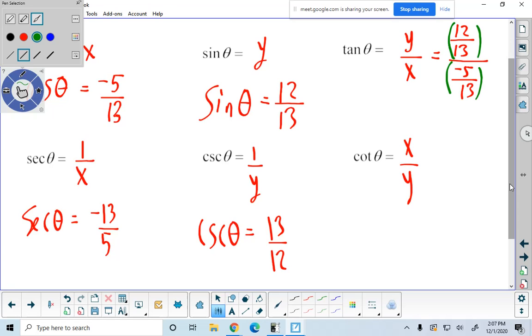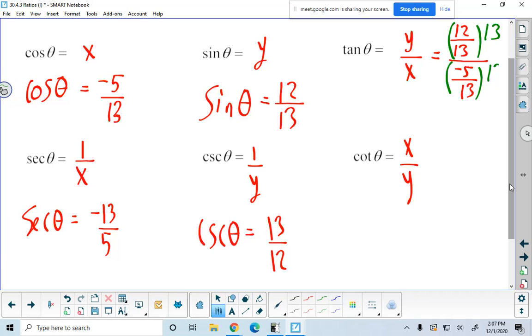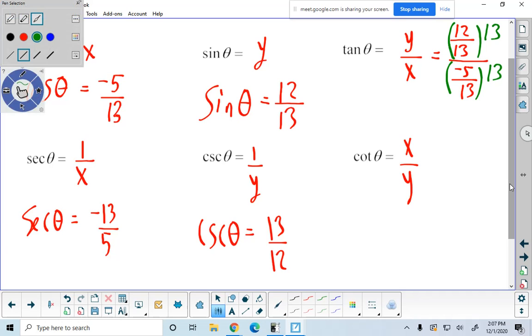So I think the quickest course of action is to multiply top and bottom by 13. These cancel, so tangent of theta is equal to 12 over negative 5, which is negative 12/5.